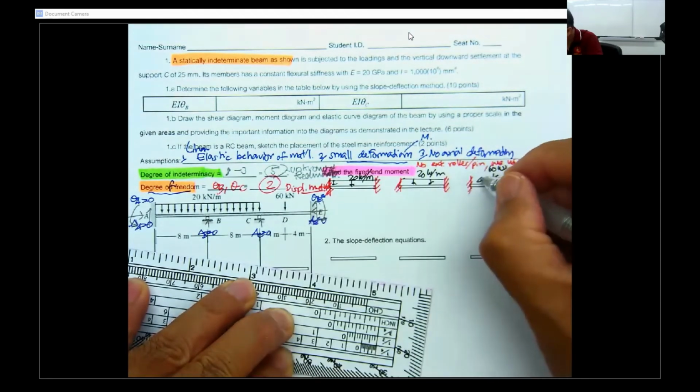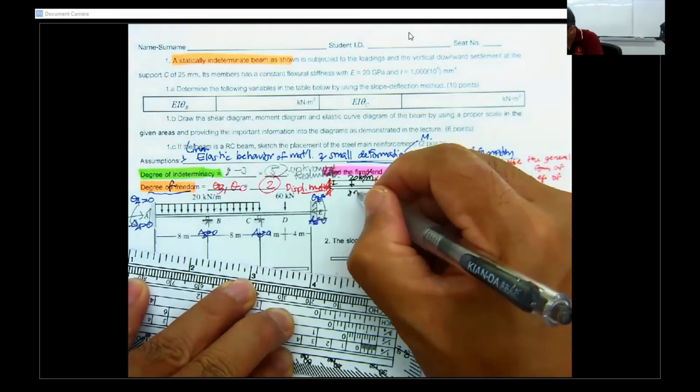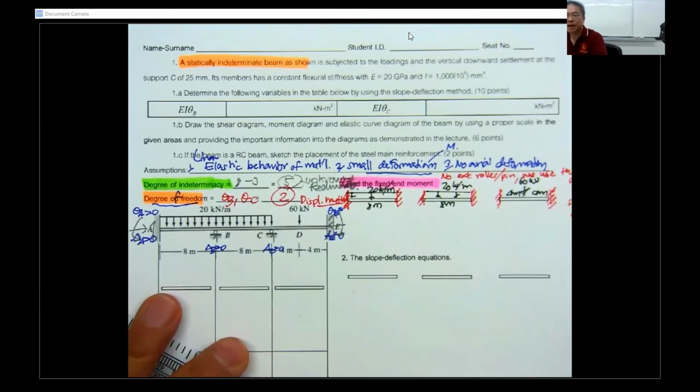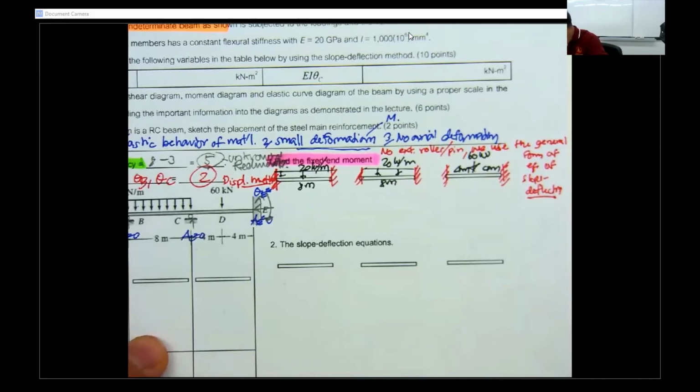This is 4 meter, 4 meter. This is 8 meter. This is 8 meter. Let me zoom it in. You will get the fixed end moment based on this.